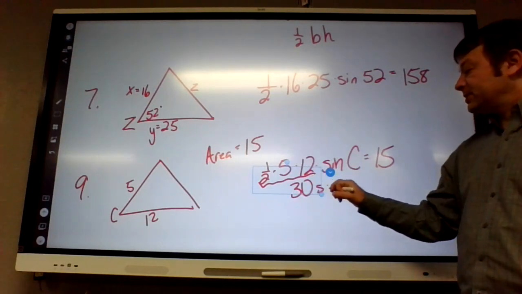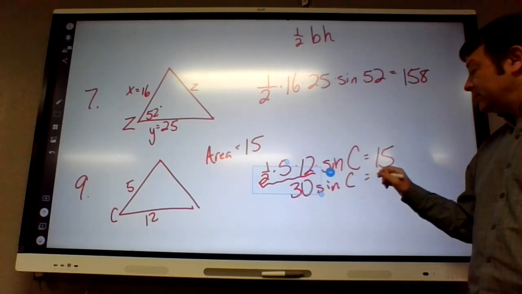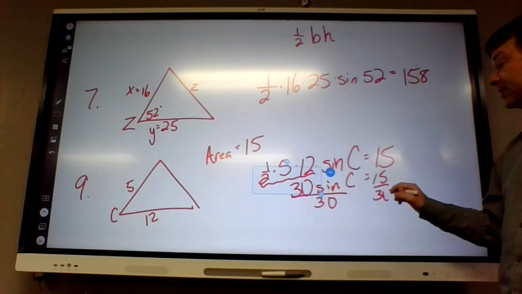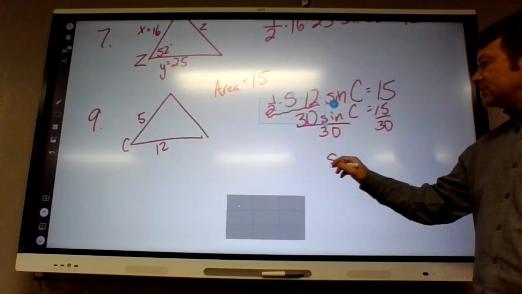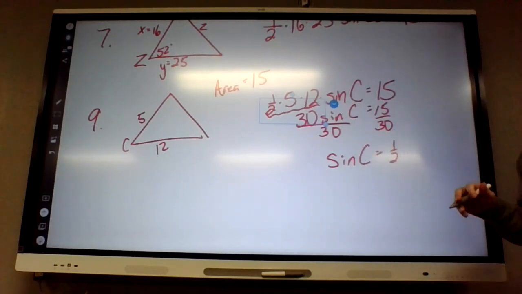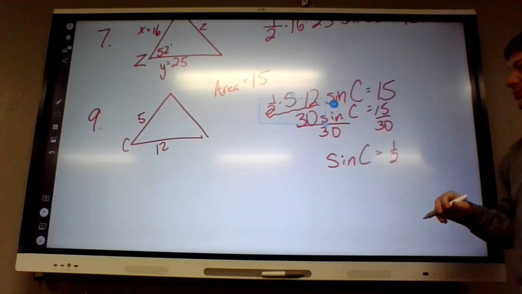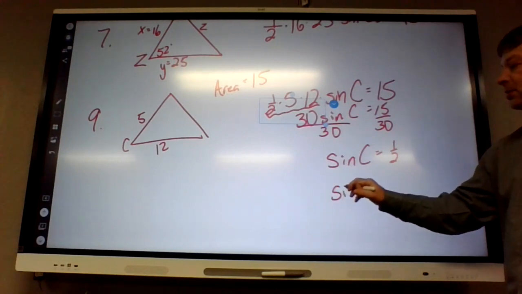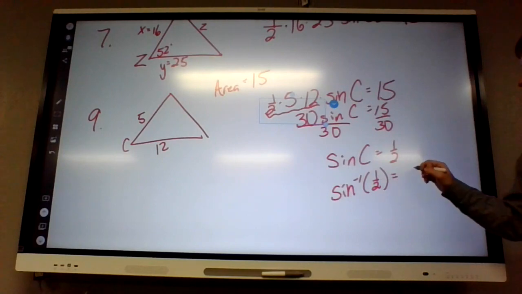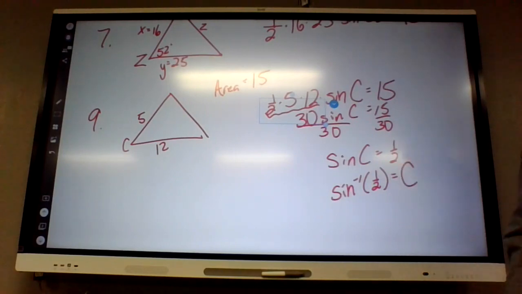So really we can just divide by 30. 15 divided by 30 is 1/2 or 0.5. Now what? Inverse sine of the ratio should give you 30, the angle 30 degrees.